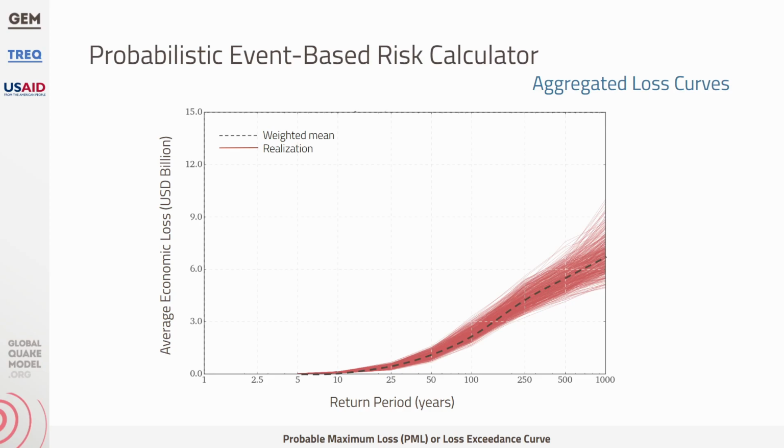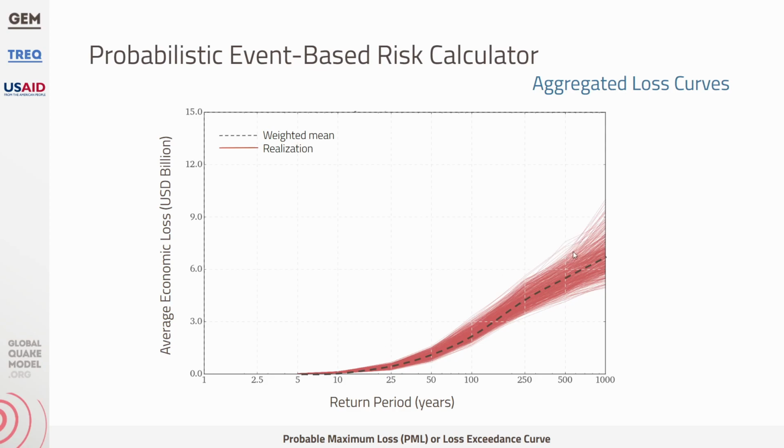So in this particular graph right here, we can see how the uncertainties can be propagated into our loss curve. For every line that you're seeing in this loss curve, each one of those lines represents a realization of the risk model. So basically, each branch of our logic tree is a realization of risk, and each one of those is going to have its associated loss table.